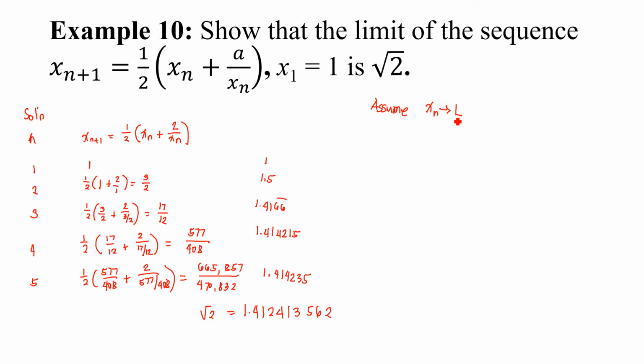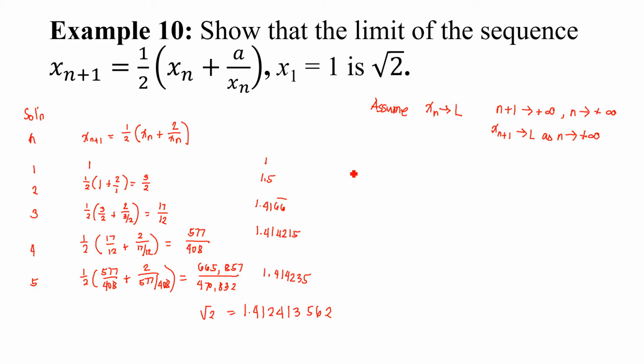And since we know now that n plus 1 approaches positive infinity as n approaches positive infinity, it is also true that x sub n plus 1 approaches L as n approaches positive infinity.